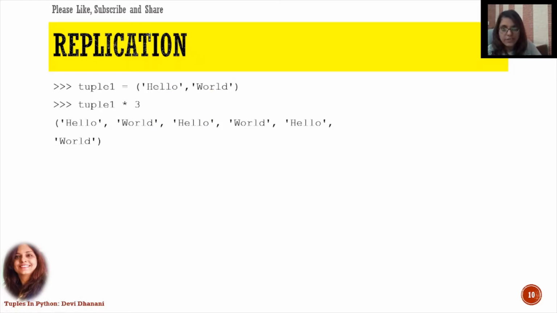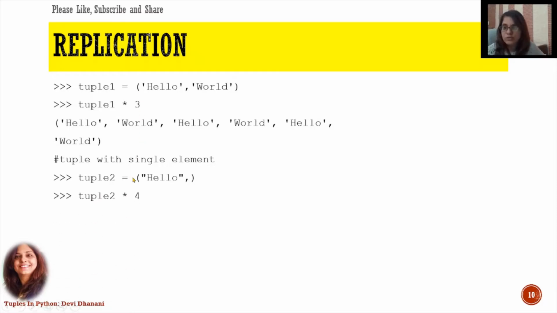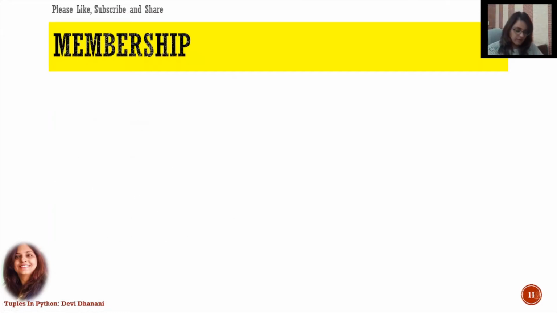No other modification is taking place over here. If I wish to replicate a tuple with a single element, I can do that as well, and the output will be in this form.